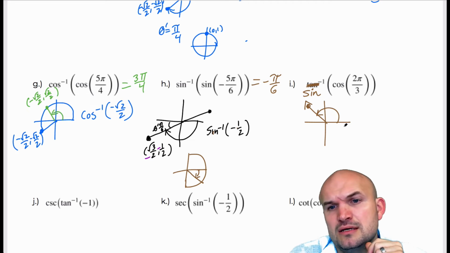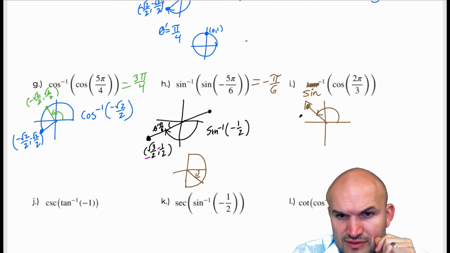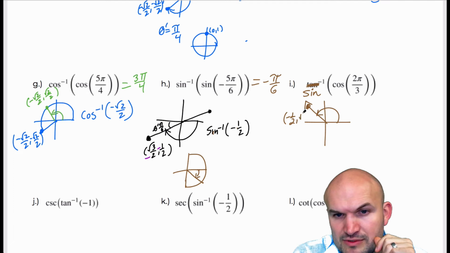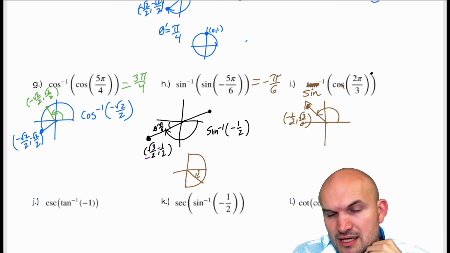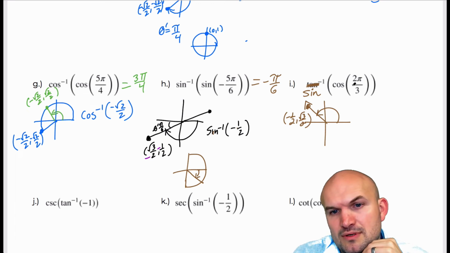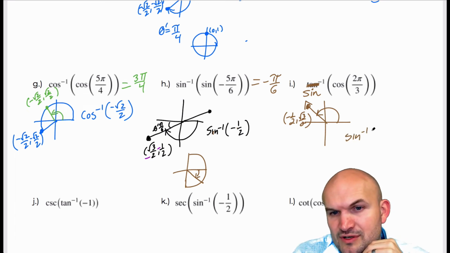And that coordinate point here is a negative 1/2 comma square root of 3 over 2. So the cosine of this is equal to a negative 1/2. So now I have a sine inverse of a negative 1/2.